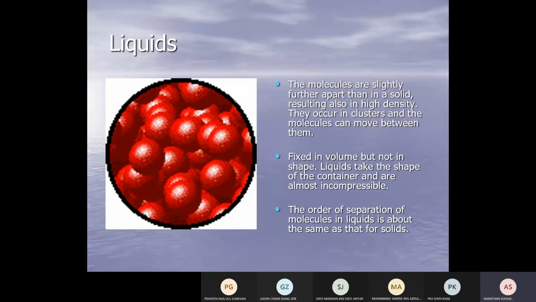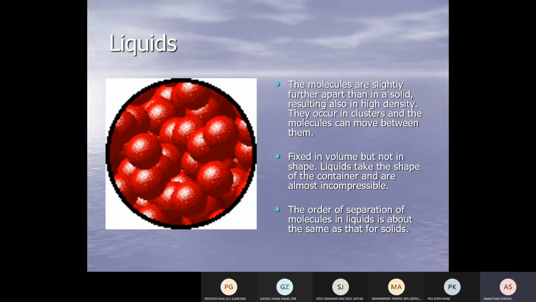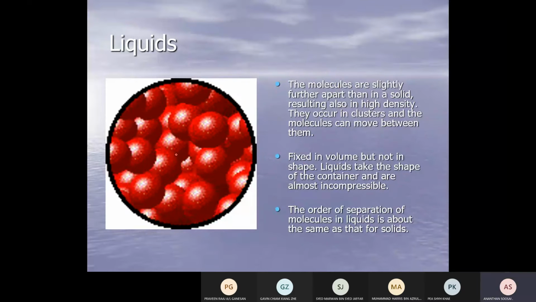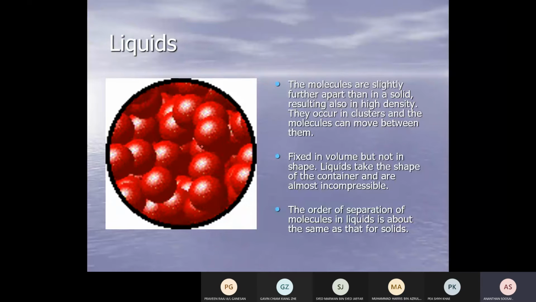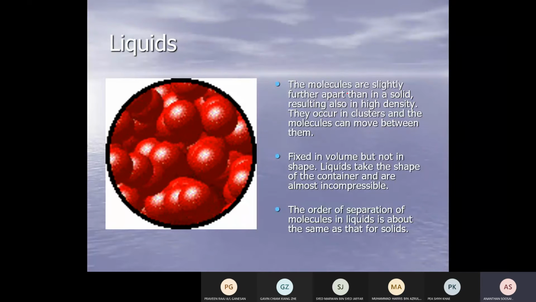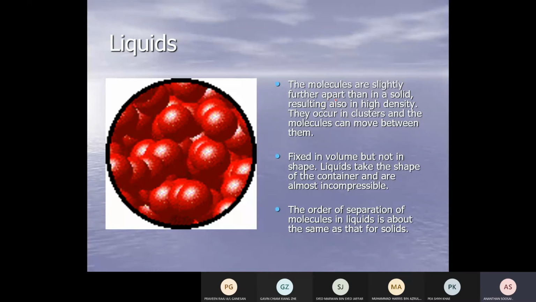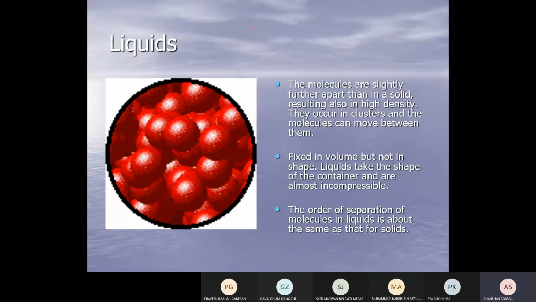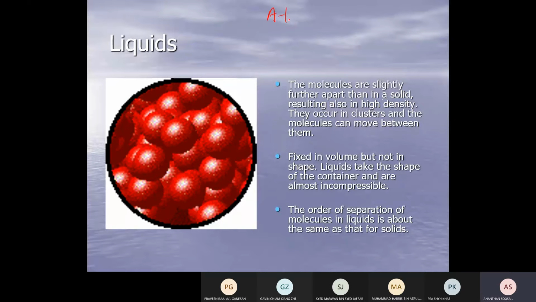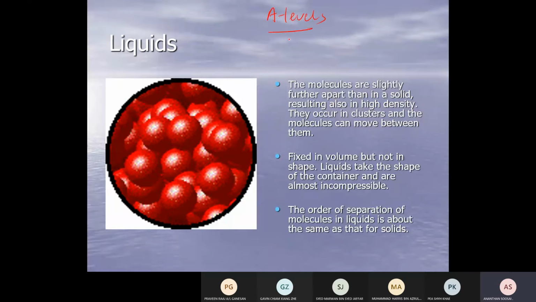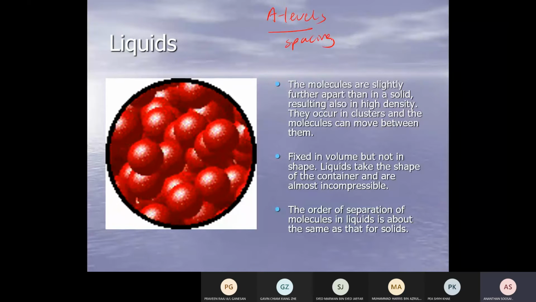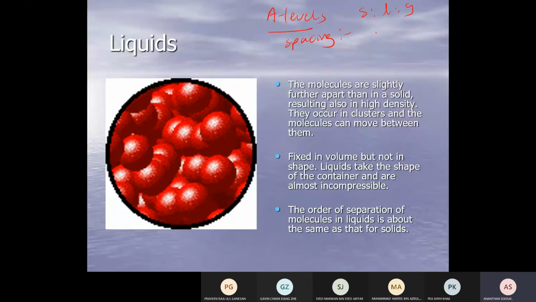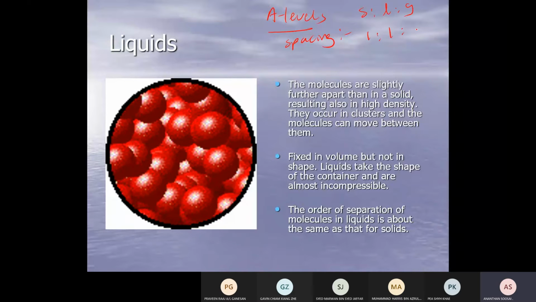Liquid. Okay, liquid, this is how it should move. The particles move freely, but they move layer by layer. The molecules are slightly further apart than in solid, but still not much of a difference. In A levels, what is the spacing ratio between solid, liquid, and gas? 1, 1, 10.